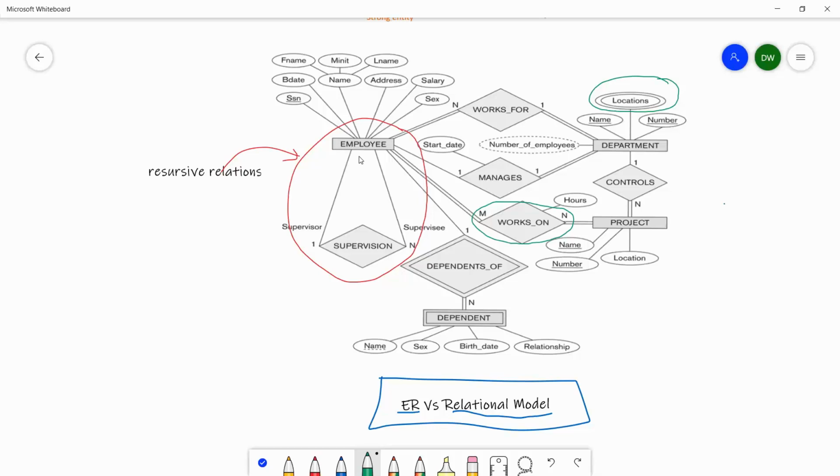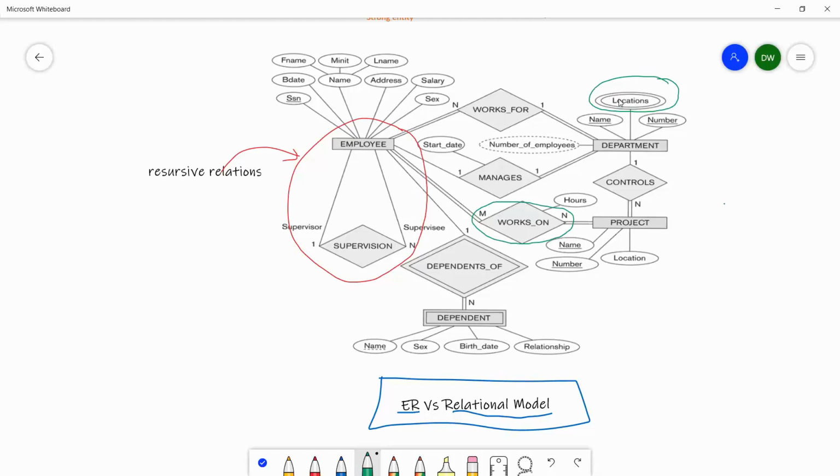So basically here we have 4 entities which are called employee, department, project and dependent. And when it comes to the relational model, you will have another 2 entities which are called location as well as work zone. You don't have to use the same names, locations or work zone. You can choose different names, but you have to have those entities.